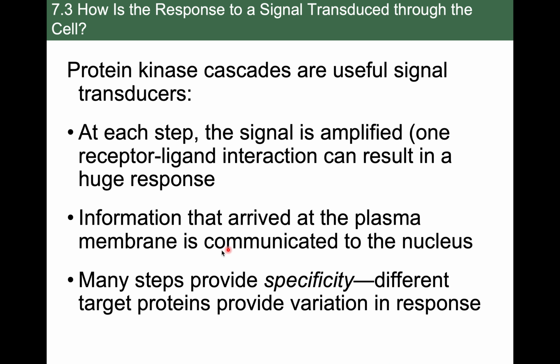And then all these different steps also provide a lot of different control points, so a lot of specificity in terms of how a cell might tweak that pathway or even branch it off into another signaling pathway. So amplification and specificity are really the big advantages of all these relay runners, all these different steps in these pathways.